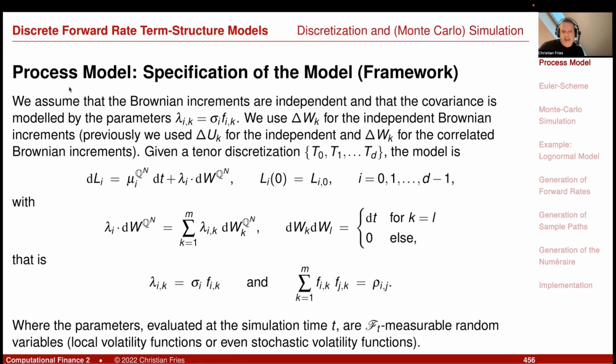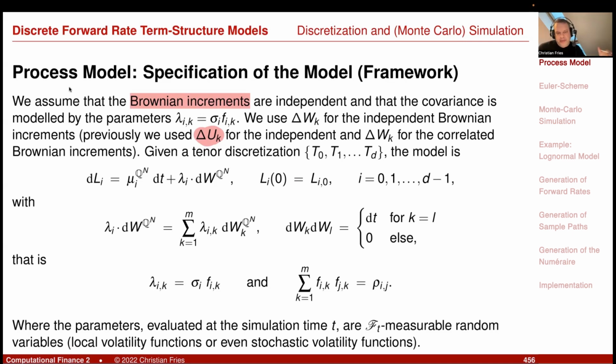So now I make a small change in my notation. I assume that my Brownian increments are independent. Previously, I used the letter U, U_k, for the independent increments, but that was just to make the difference between my correlated Brownian increments and the independent ones, and write this in the alternative form.